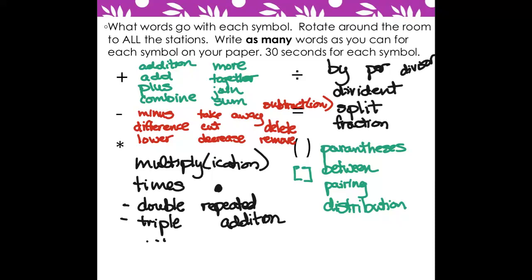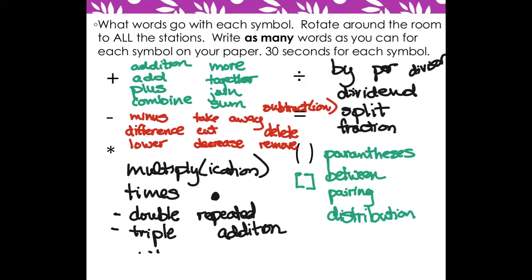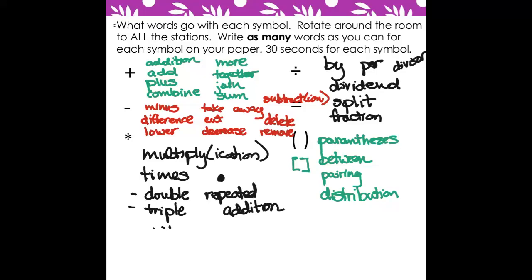Fraction, divisor, dividend. Is it dividend? I think it's dividend, isn't it? Ends in END. Dividend. Okay. By, divide, split, division, per. Okay. And what is division actually? Yes, or repeated subtraction. You are subtracting several times that same amount.